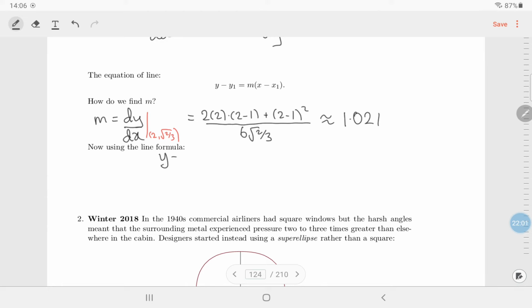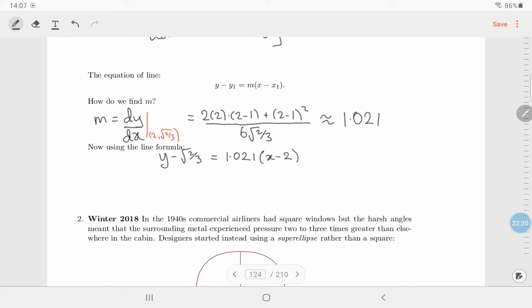So y minus the y coordinate, root 2 over 3, is equal to m, which is approximately 1.021. If you want to use the third form, 5 root 6 over 12, that's great. Times x minus the x coordinate, which is 2.